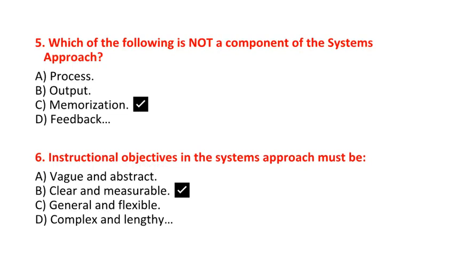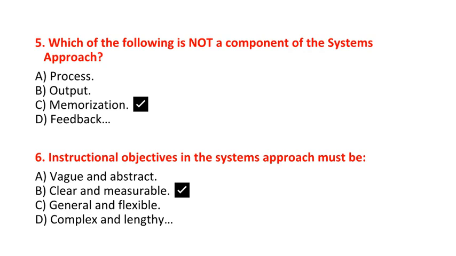5. Which of the following is not a component of the systems approach? A. Process. B. Output. C. Memorization. D. Feedback. 6. Instructional objectives in the systems approach must be A. Vague and abstract. B. Clear and measurable.